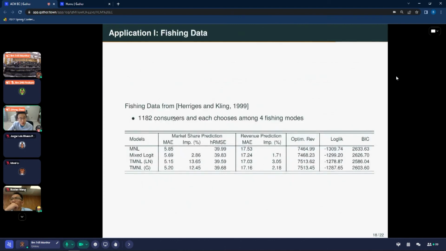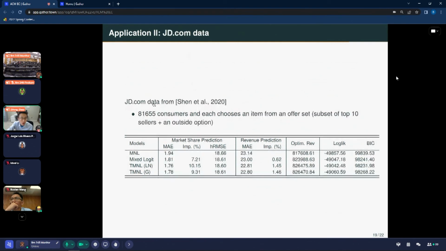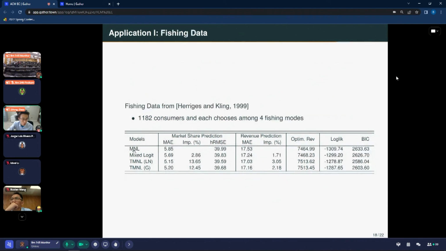We tested our TML model on phishing data and also on JD.com data from a paper. We compared the TML model with log normal threshold, with gamma threshold, with the ML model and the mixed logit model. We find that in general, it does improve the performance.